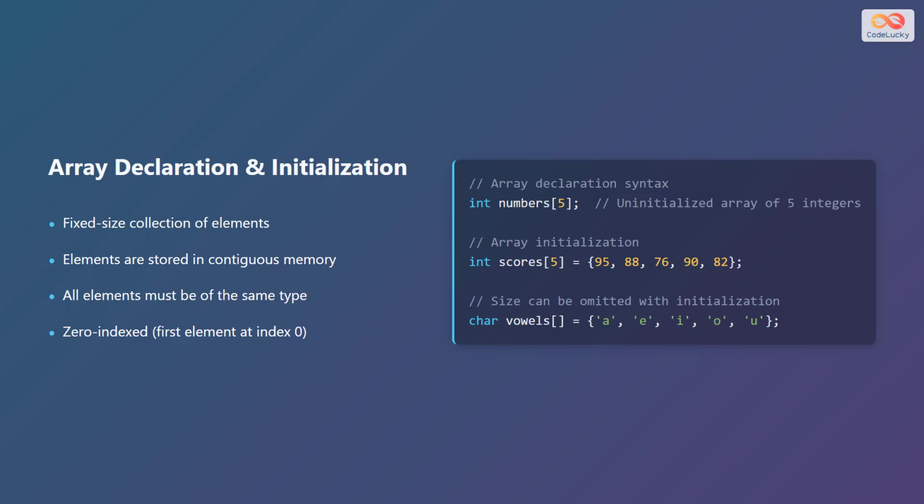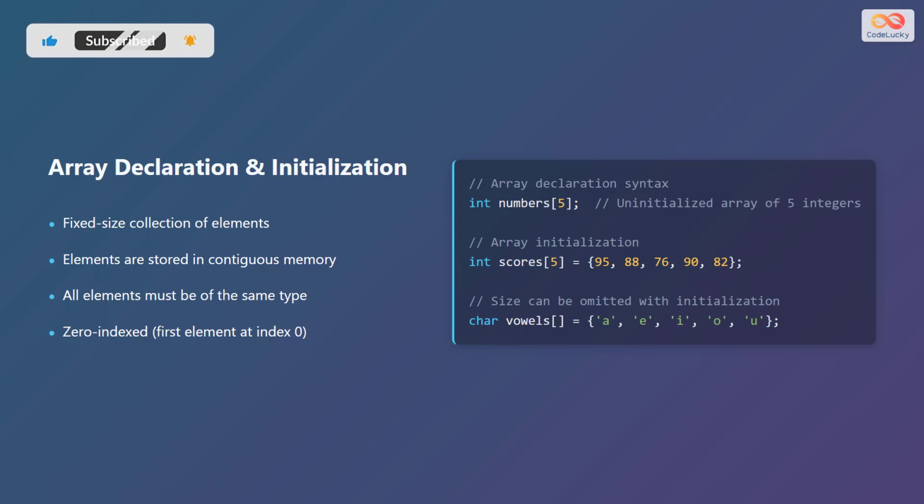Here are some examples of how to declare and initialize arrays. First, to declare an uninitialized array of 5 integers, you write int numbers followed by square brackets containing 5. To initialize an array, you can assign values to it at the time of declaration. For example, int scores with size 5 is assigned values 95, 88, 76, 90, and 82 within curly braces.